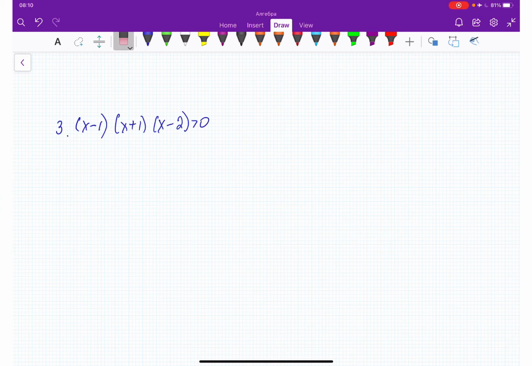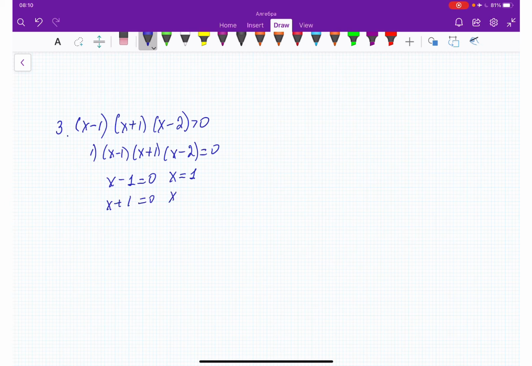First one, to solve it, I'm going to write down x minus 1 times x plus 1 times x minus 2 is equal to 0, which means either x minus 1 is equal to 0, where x is equal to 1, or x plus 1 is equal to 0, where x is equal to negative 1, or x minus 2 is equal to 0, or x is equal to 2. All right.